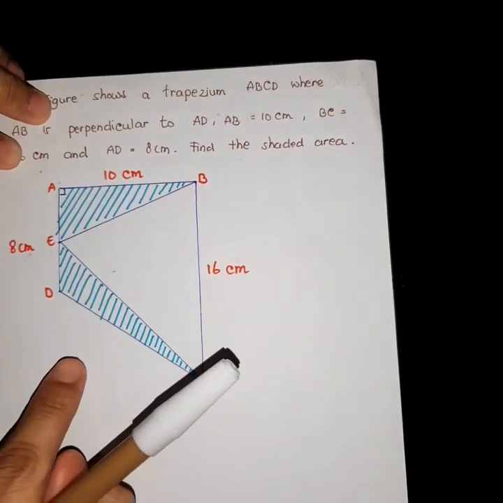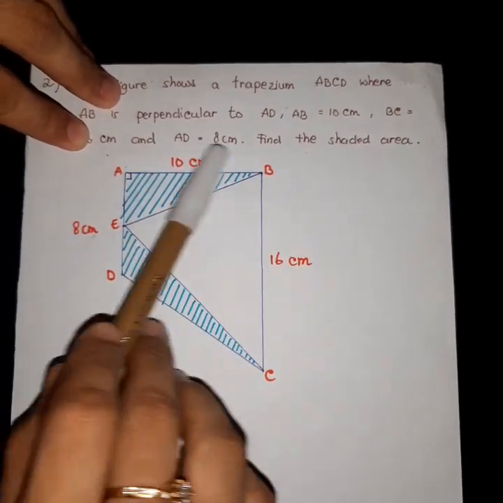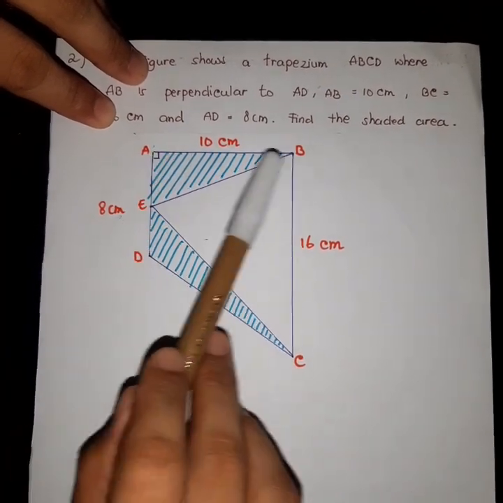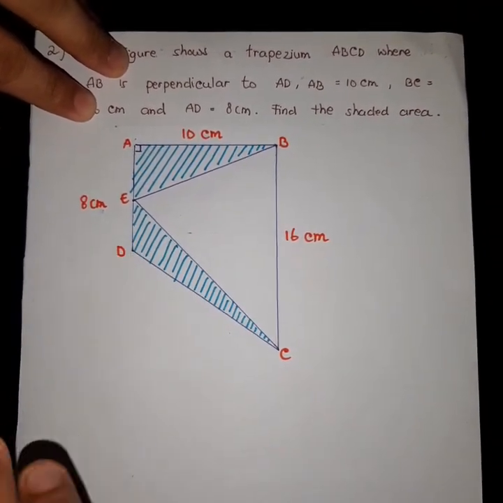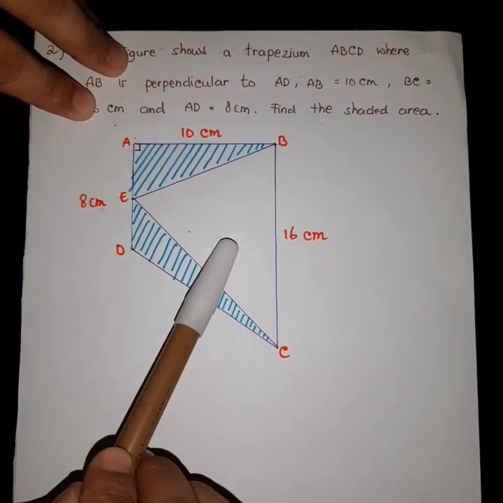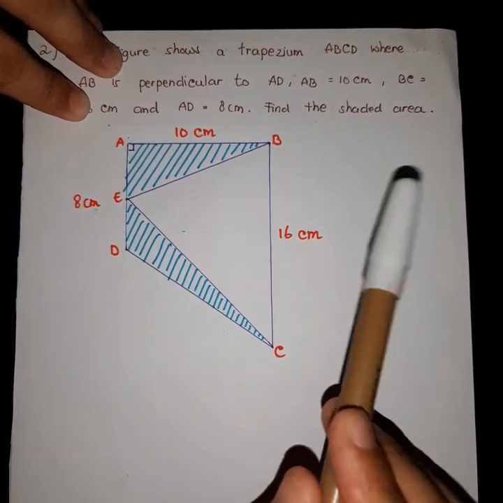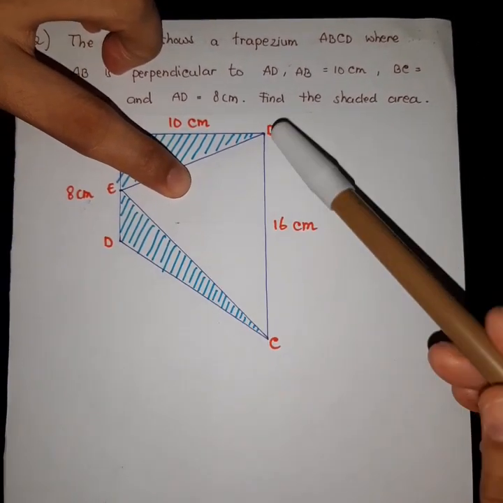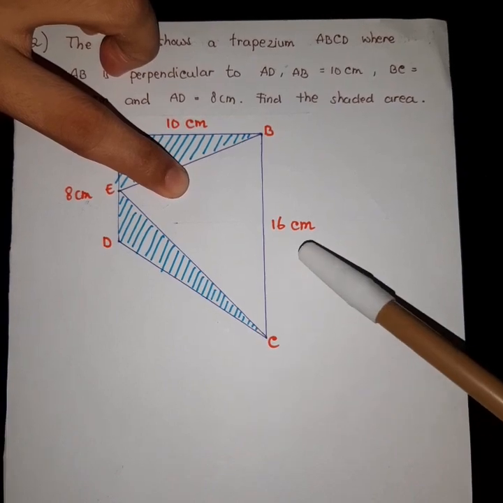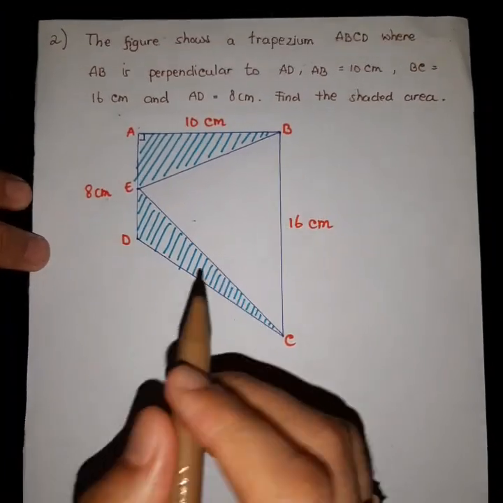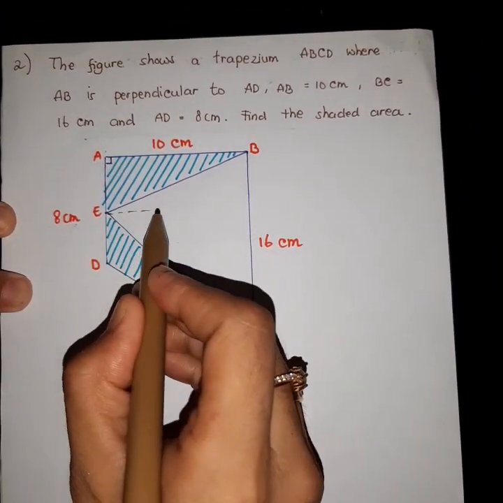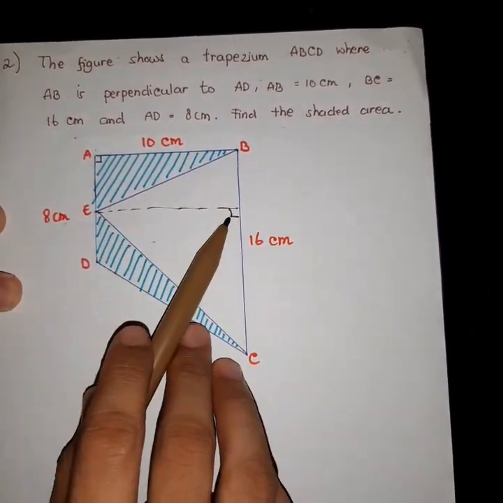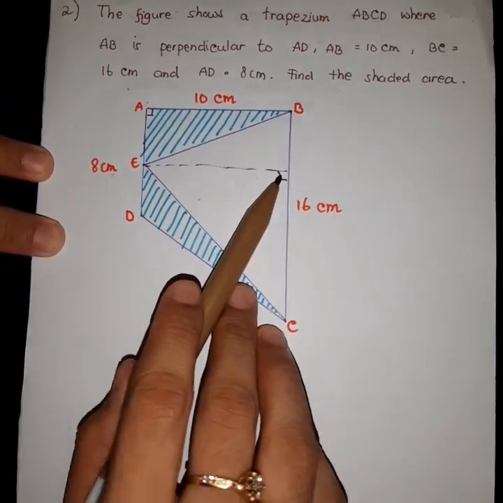The bigger picture here is that the biggest figure is the trapezium itself. The trapezium is ABCD. And the unshaded part is in the shape of a triangle. For the unshaded triangle, if you take this one as the base, 16 centimeters, the height, if I draw one inside here which is perpendicular to it, will be 10 centimeters, because this one and this one are the same length.